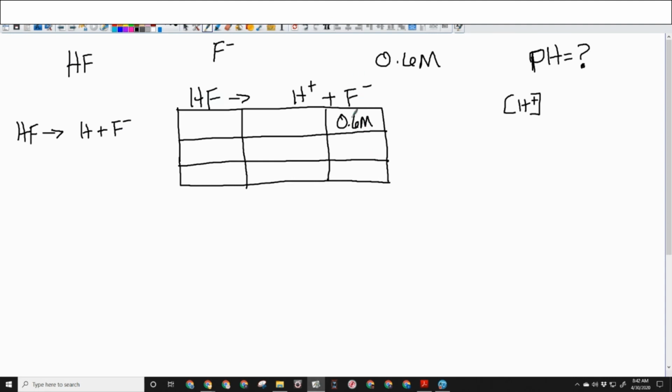If you have 1 mole of this, 1 mole of this and 1 mole of this, and you know the molarity, then if this is 0.6, shouldn't this also be 0.6?